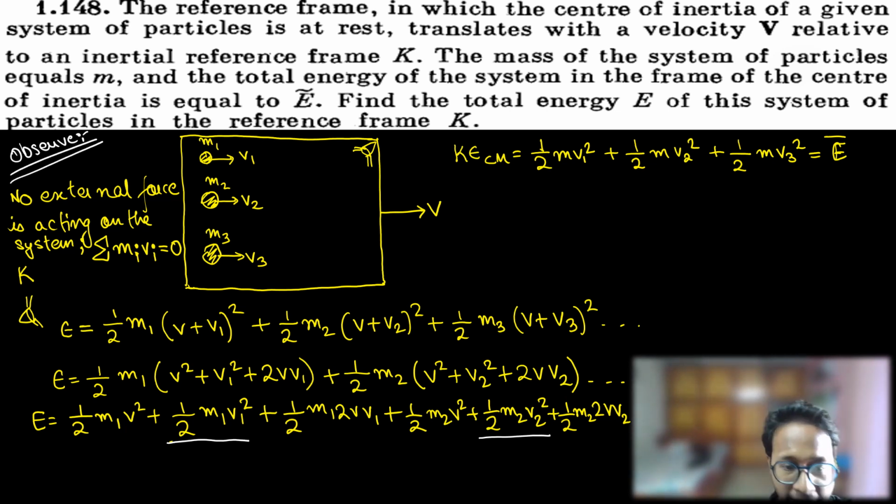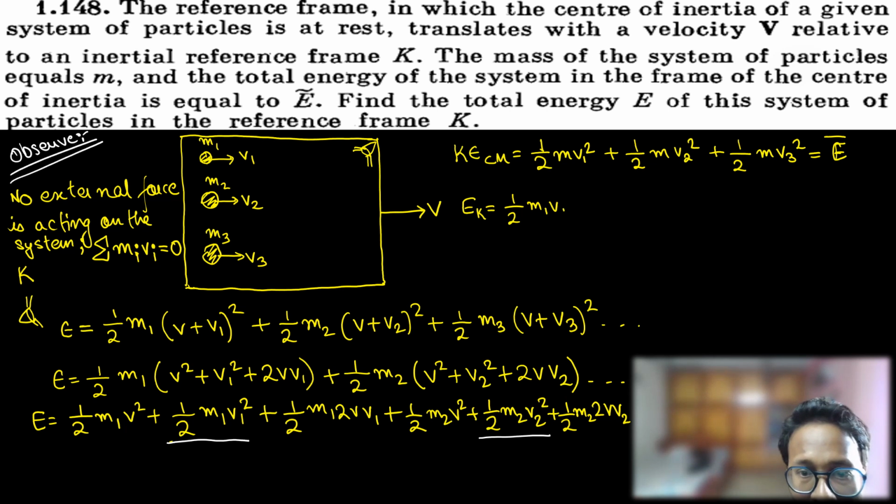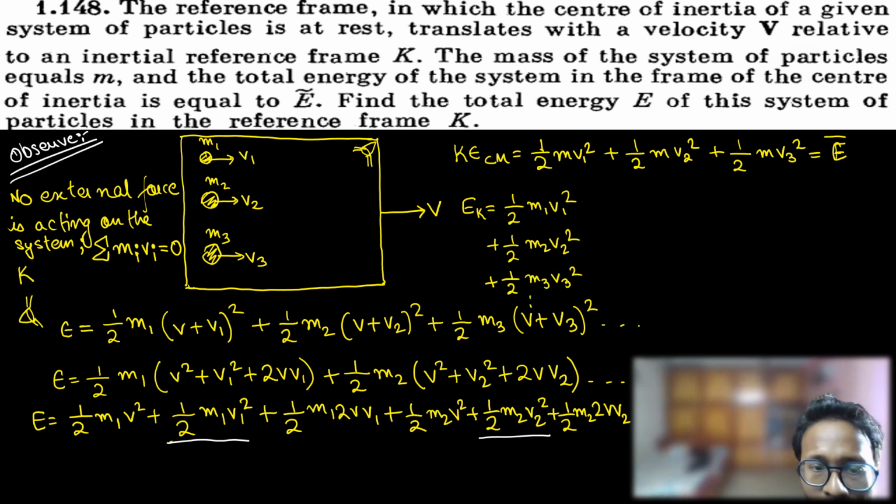So if I rearrange these values, the energy of the system as seen by this observer K can be written as half m1 v1 square plus half m2 v2 square, and if there was a third particle, plus half m3 v3 square, and so on. Now let me observe these values.